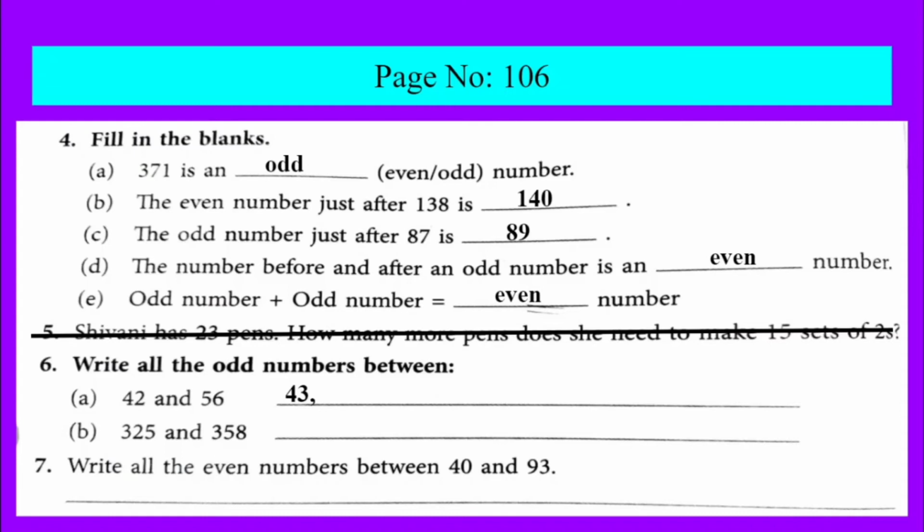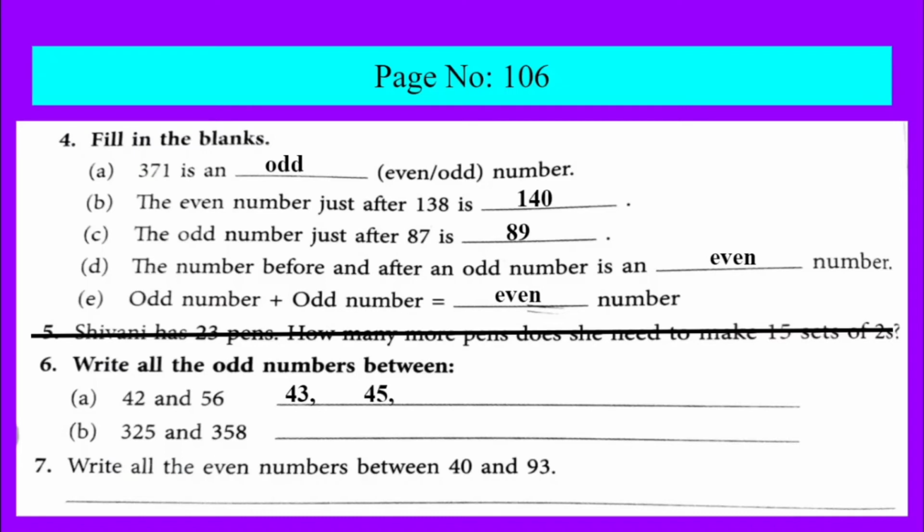So children, now which number comes after 43? 44. It is an even number, so we will not write it here. Now, which is the next number after 44? Yes, 45. So is 45 an odd number? Very good. So we will write 45 over here.